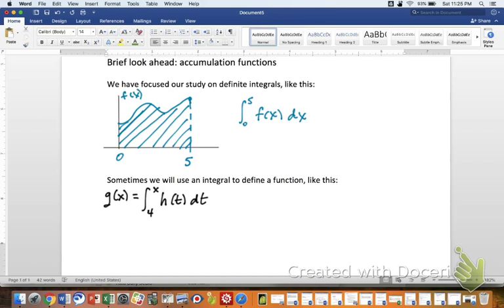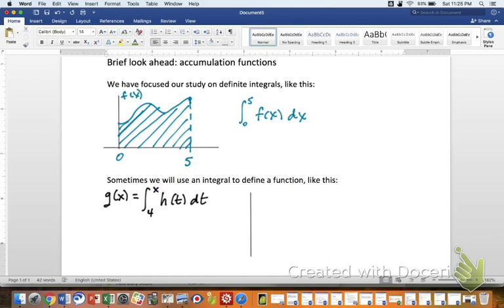So what is this all about? Well, all this is really saying is that g of x, some function, is defined as an integral from 4 to some variable, in this case, I've written an x up here, of some function h of t. So here's what that might look like in a graph.